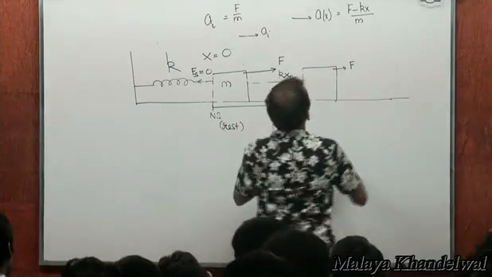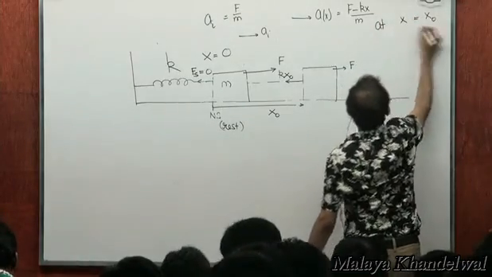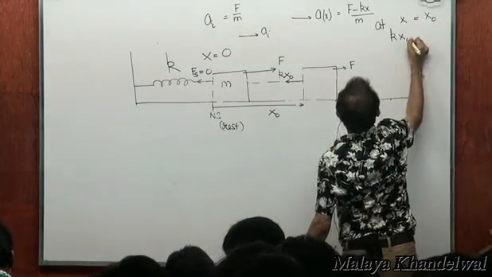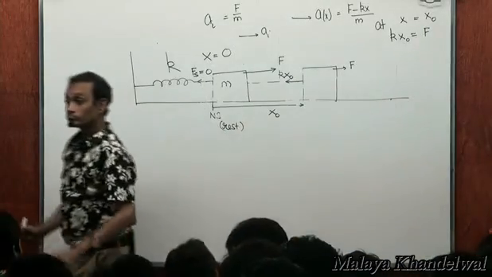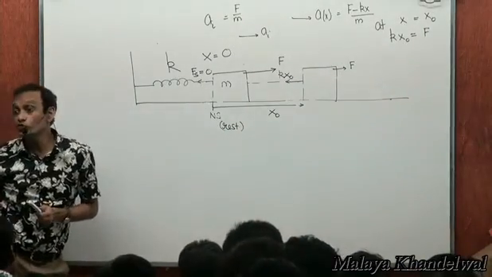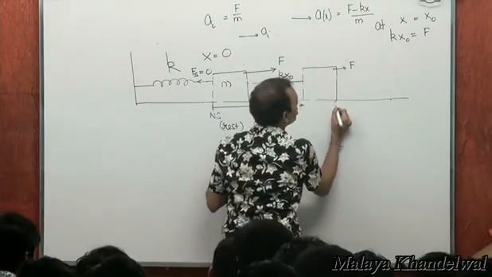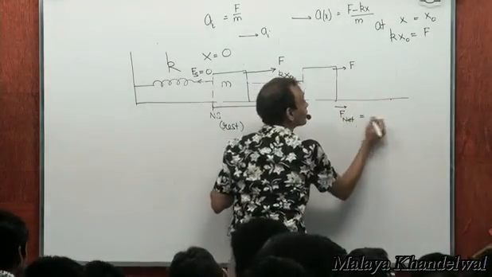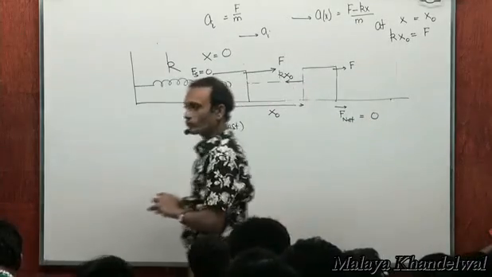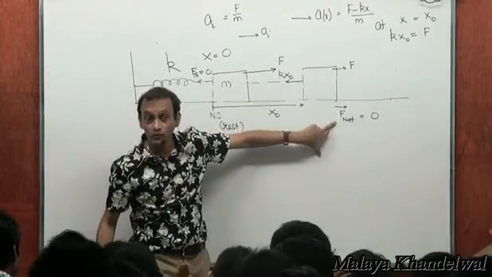At some x equal to x naught, the spring force becomes equal to the externally applied force. The net force will be 0 then at this point. At this point, F net will be 0.